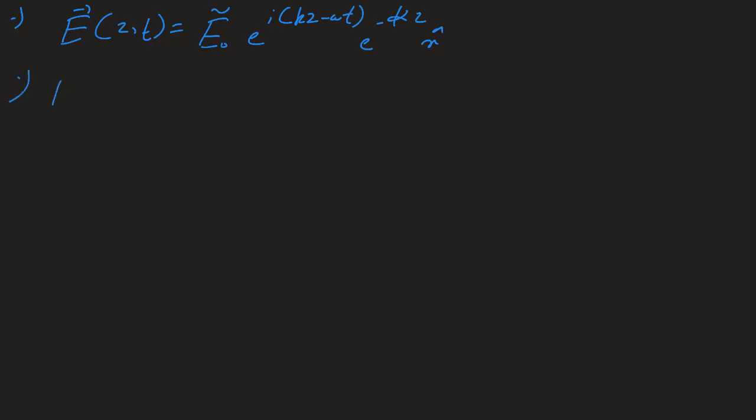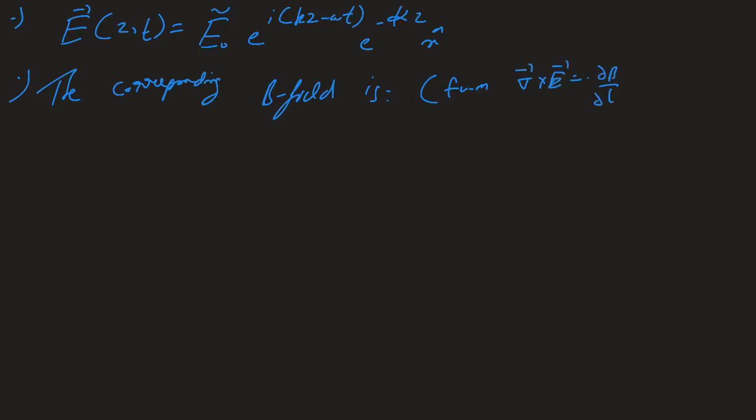So the corresponding B field becomes, now how do we know the B field? Well, from the relation that del cross E is equal to minus partial B by partial t.